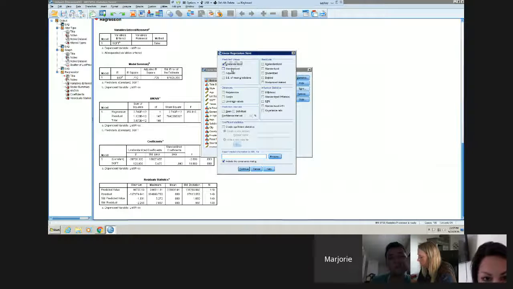Oh, it says create covariance statistics, right? On coefficient statistics. Yeah, I'm trying to think what I did. Bring over variables. Oh, right there it says covariance ratio on influence statistics. Click on that. Okay, we can try it.